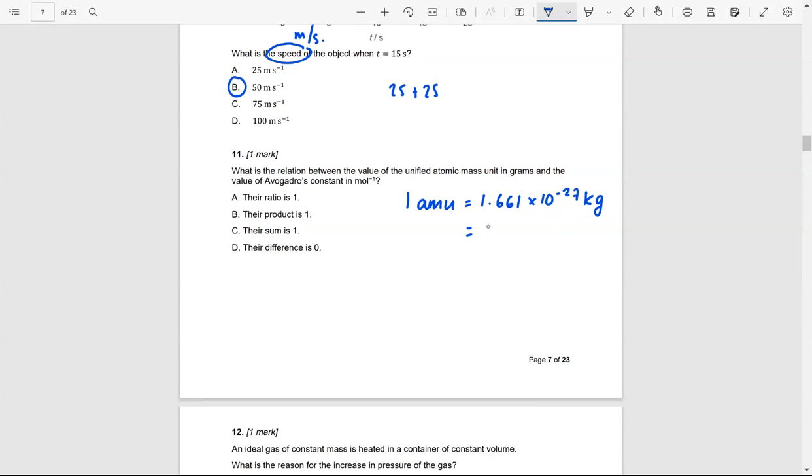So therefore, it's 1.6 times 10 to the minus 24 grams. Avogadro's constant, let me just look it up, Na is 6.02 times 10 to the 23.